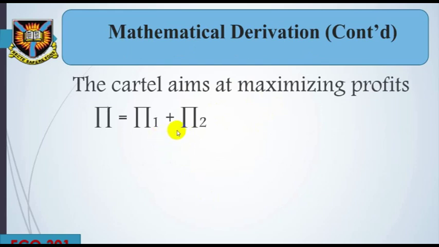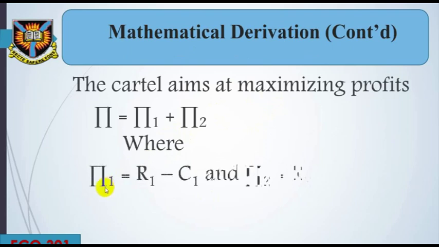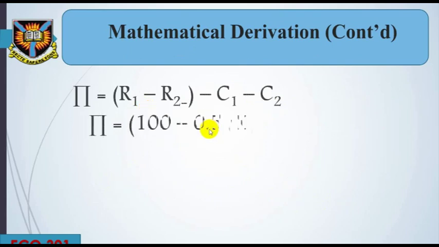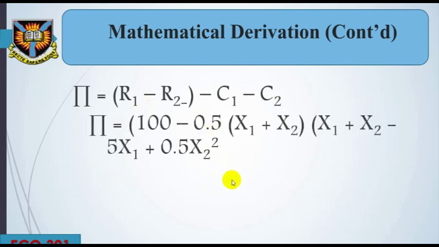Profit is equal to profit 1 plus profit 2, where profit 1 is equal to R1 minus C1 and profit 2 is equal to R2 minus C2. Thus, profit is equal to (R1 + R2) minus (C1 + C2).